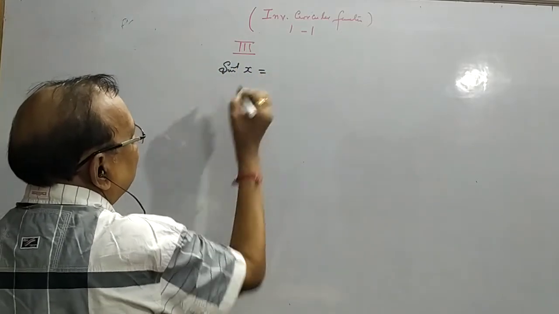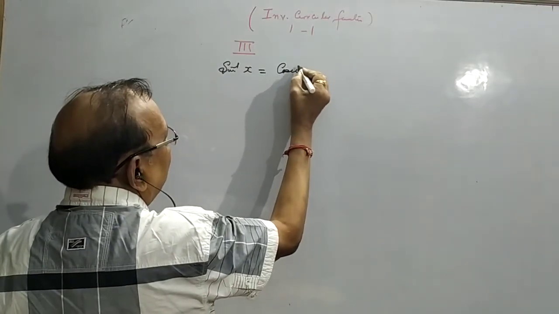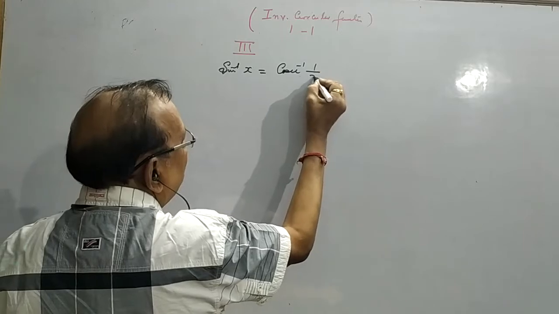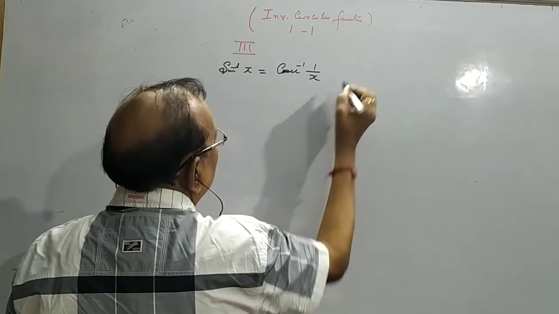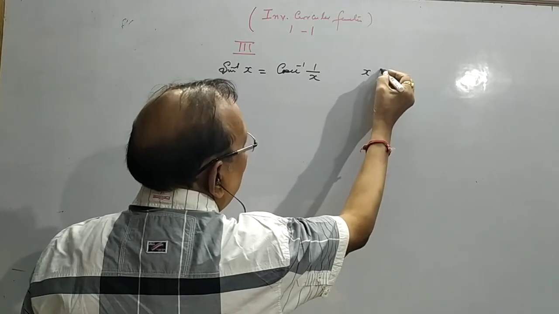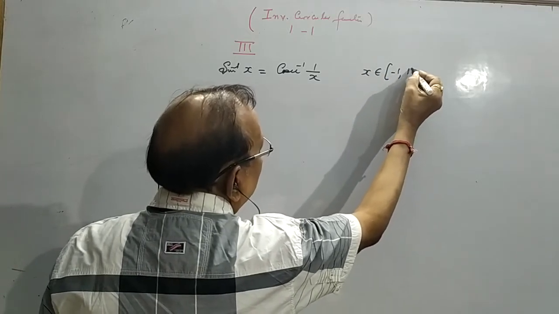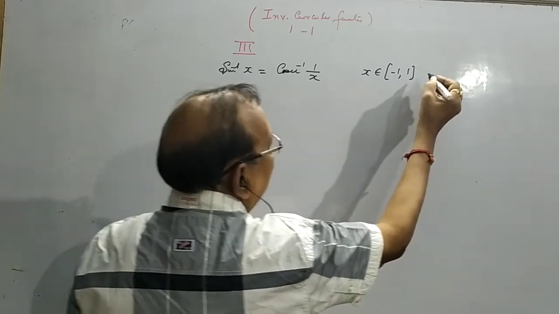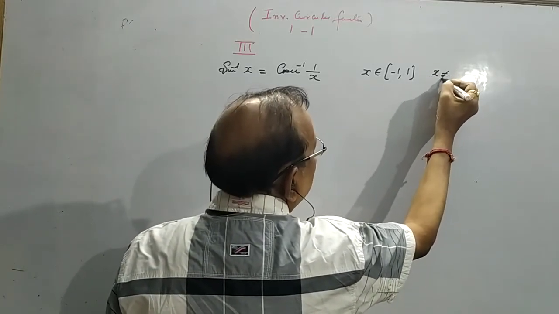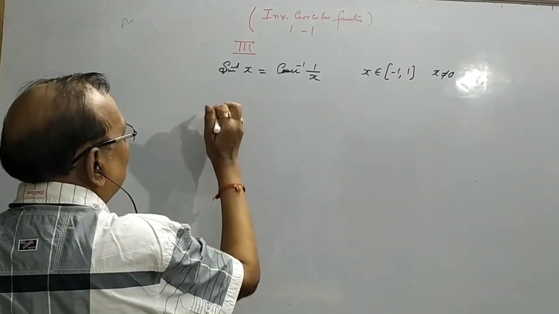Sin inverse x is equal to cosec inverse 1 upon x. X belongs to minus 1 to 1 and x is not 0, or you may say that is excluding 0.